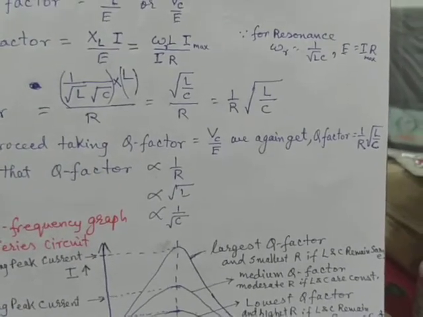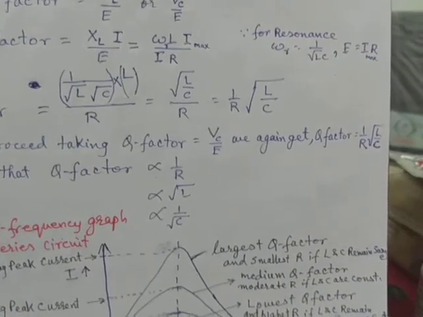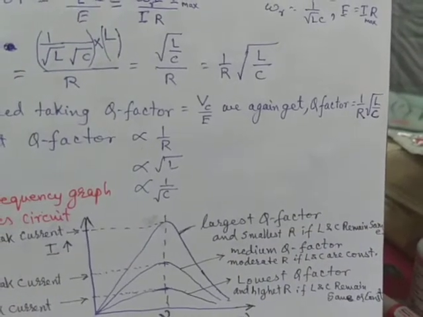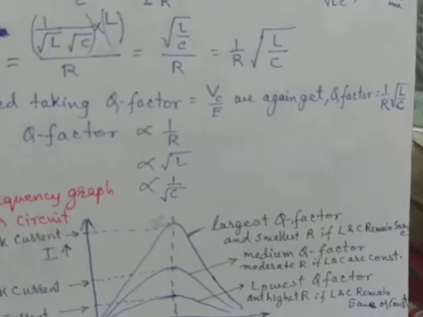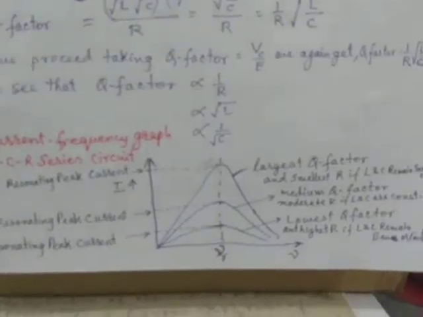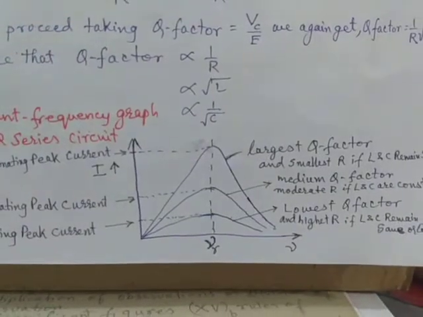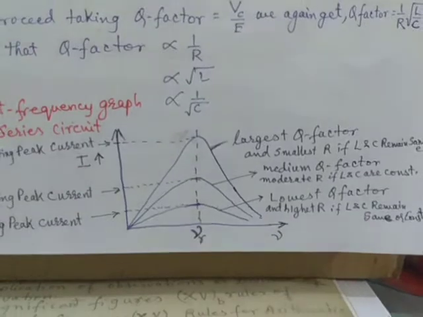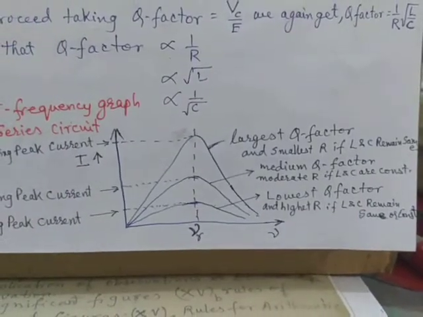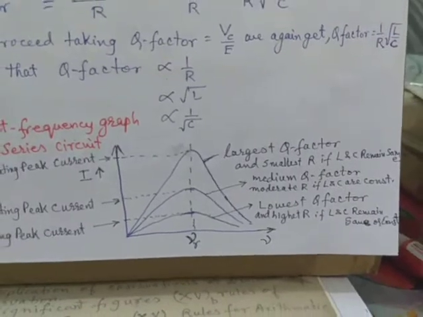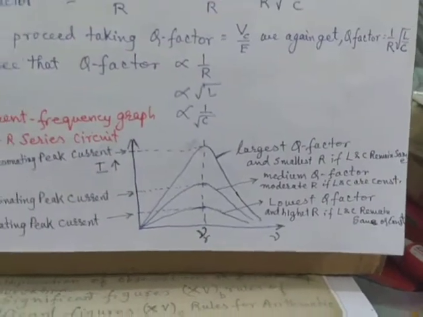Greater is the Q factor, greater will be the peak, and that is possible when we keep a small r value for a given L and C constant. All together you can see the lowest Q factor will have the lowest bump, and that is possible by taking a high R value, keeping L and C constant.